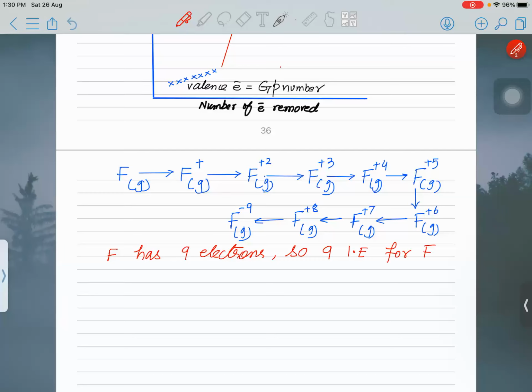Why did you write F minus 9 after F plus 8? Sorry, it's plus. This is the first ionization energy. This is the second ionization energy. This is third, fourth, fifth, sixth, seventh, eighth, and this is ninth.